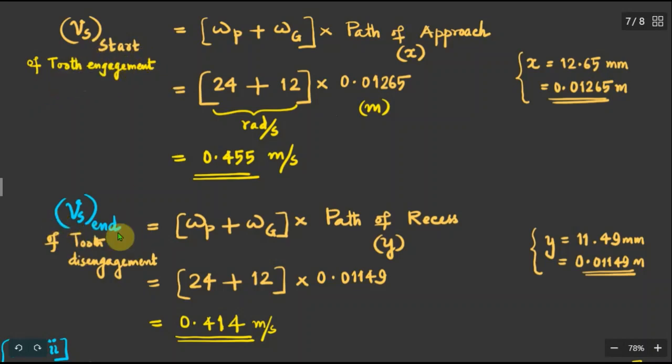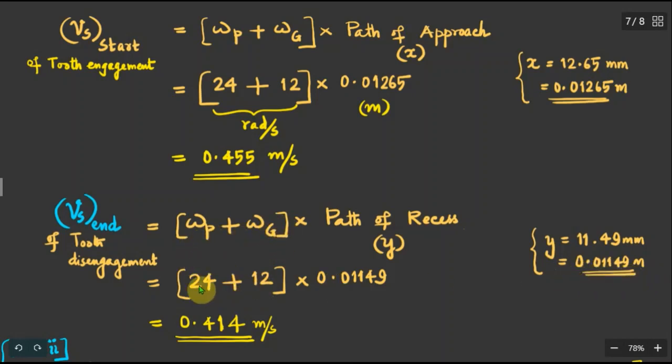Then Vs end, the velocity of sliding at the time of tooth disengagement, or at the end of tooth engagement, is omega p plus omega g into path of recess. We have already calculated the path of recess and denoted it by y, equal to 11.49 mm, that is 0.01149 meters.